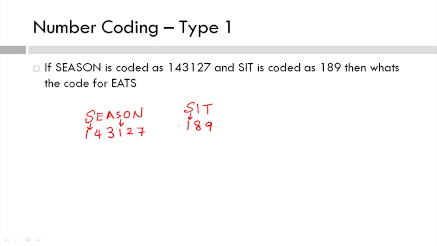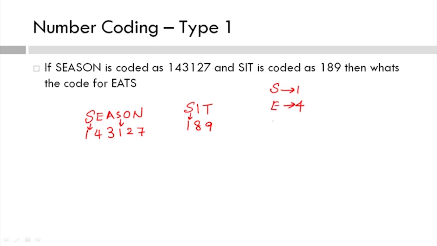So the type of coding or the pattern of coding that has been used here is that for each letter in the English alphabet, a particular number has been used as the code. So S is always coded as 1. And then similarly E, even though E is not repeating anywhere, since I understand this is going to be the logic, wherever I see E, I will use the number 4 as its code.